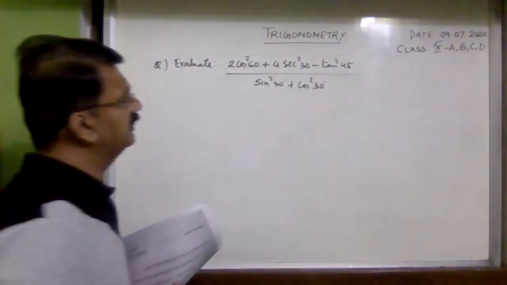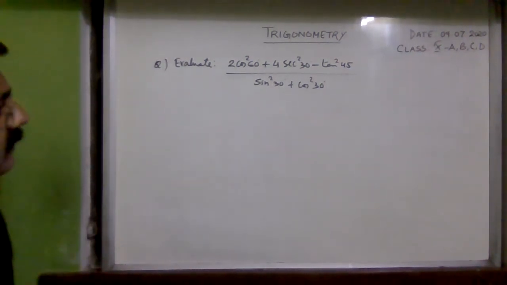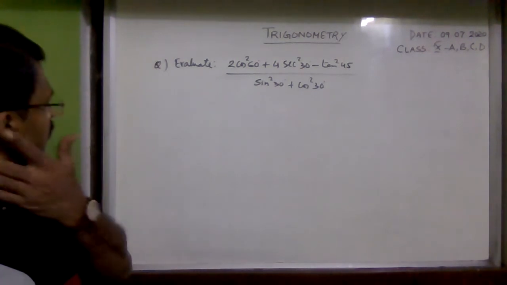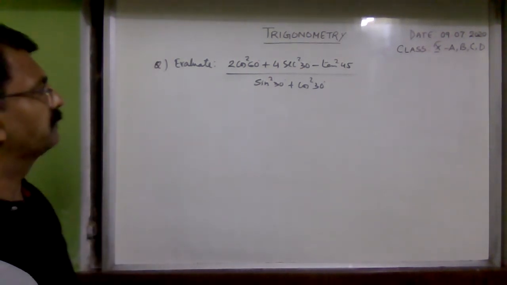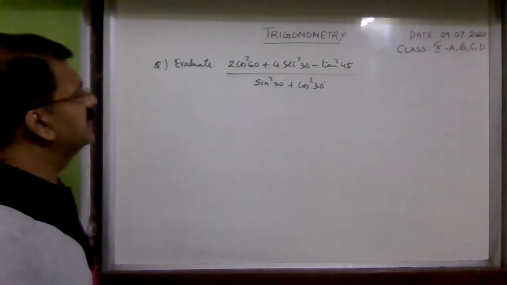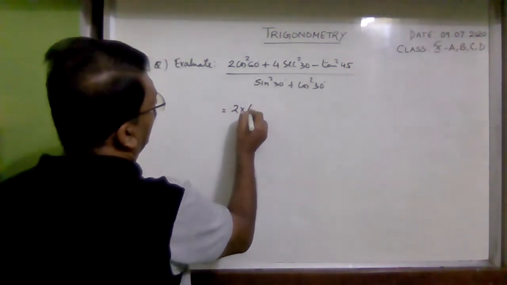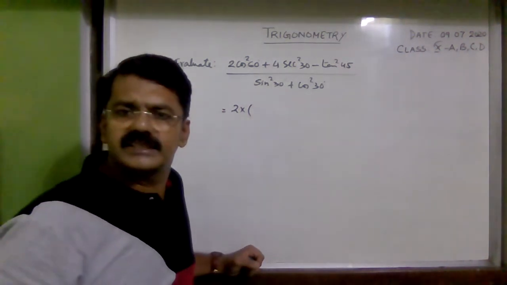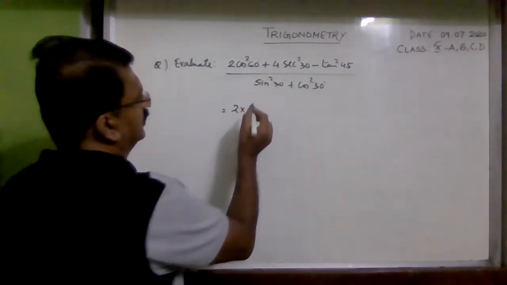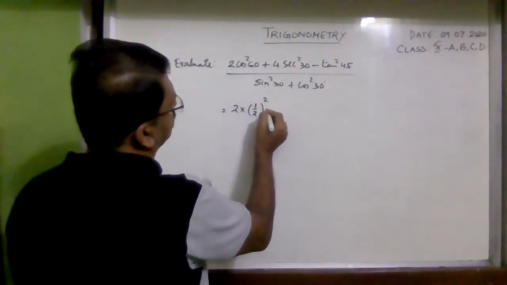So we have to find the value of these quantities. Now see, 2 into, I told you the value of cos 60 is 1 upon 2. You can check in the table, cos 60 is 1 upon 2.